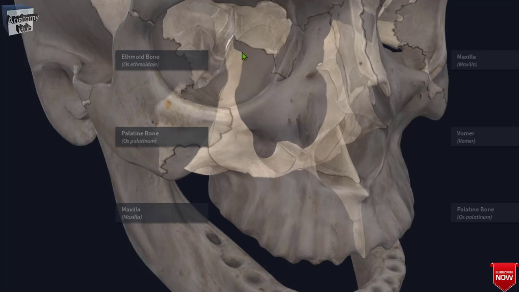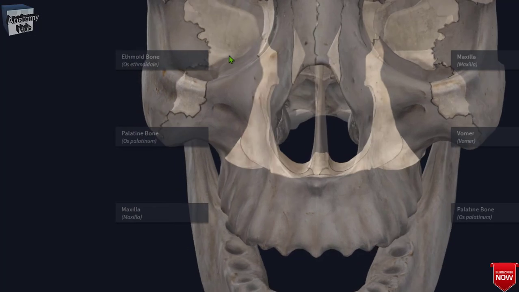It is located on the perpendicular plate of the palatine bone, and together with the body of the sphenoid, they form a foramen over here. This foramen is your spinopalatine foramen, which connects to the nasal cavity.